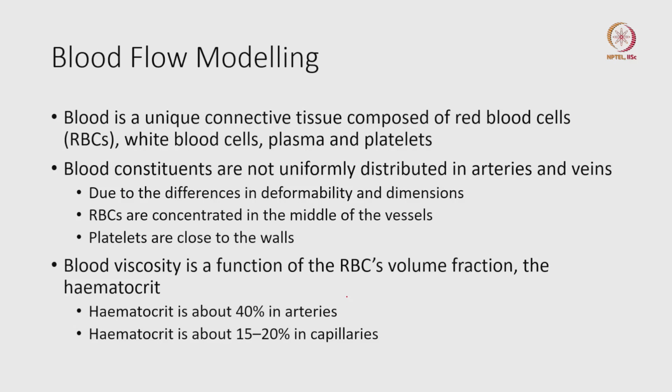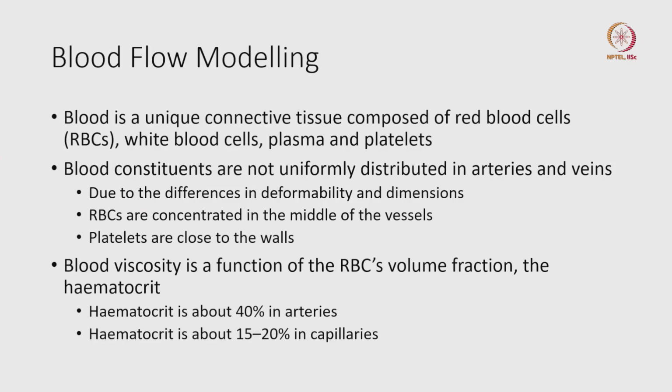Blood flow is also a challenge to be modeled, specifically in the case of neural tissues, because there are numerous blood capillaries flowing in the neural tissues. And the challenge that we face is there are a lot of constituents.